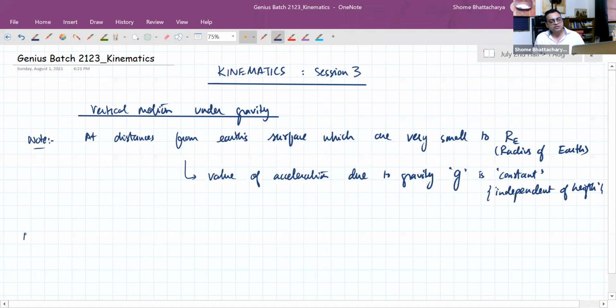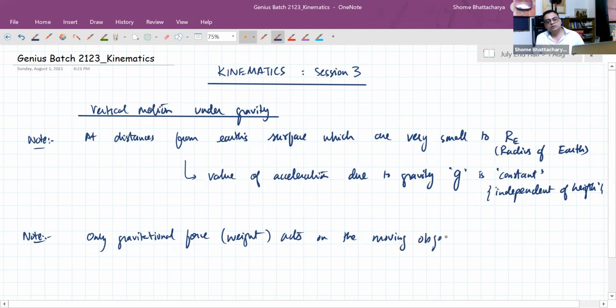So that is one assumption we are making in this part, as well as in projectile motion. The other assumption is that only the gravitational force, what we commonly call weight, acts on the moving object. In other words, things like air drag, or what you sometimes call viscous force, because of the property called viscosity, are negligible.